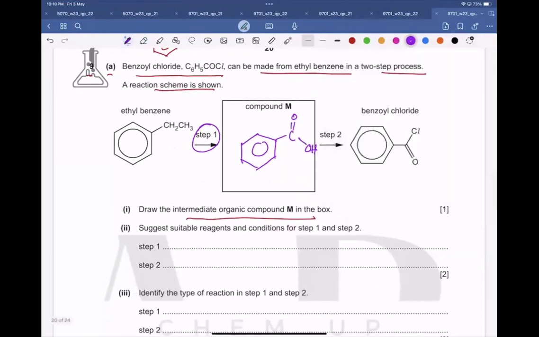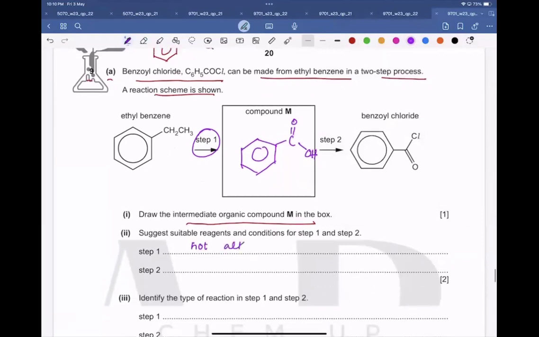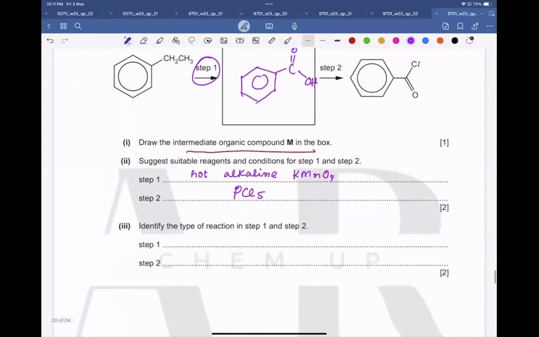For step 1, the reagent and condition is hot alkaline potassium manganate(VII). And for reaction 2, you can use PCl5, or you can use SOCl2, or you can use PCl3 with heat. Now, identify the type of reaction in step 1 and step 2.